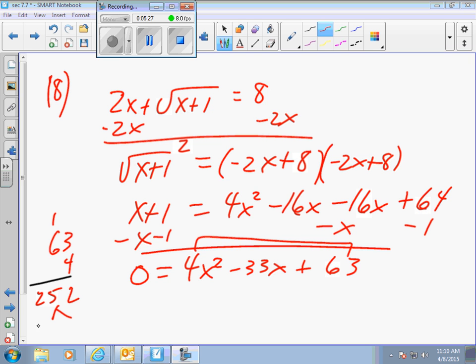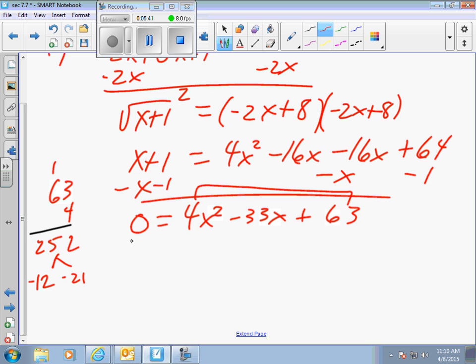So if I factor this into negative 12 and negative 21, that adds up to negative 33, and that multiplies to give me 252. So I'm going to split my middle term into negative 12x, negative 21x, plus 63, and then I'm going to factor by grouping.